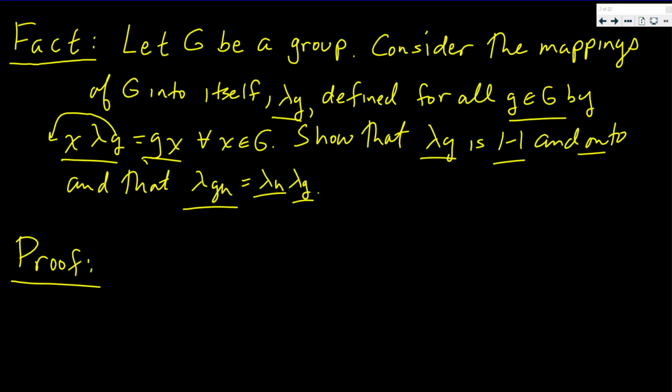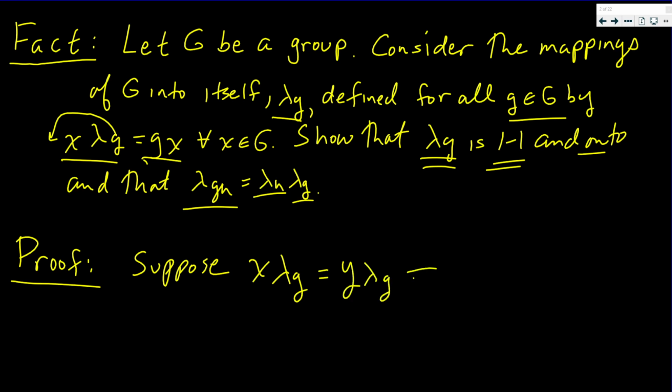So I want to show that lambda sub g is one-to-one. So suppose what you normally suppose to show one-to-one-ness. Suppose that x lambda sub g is equal to y lambda sub g. But that's the same as, like I said, multiplying by g on the left.